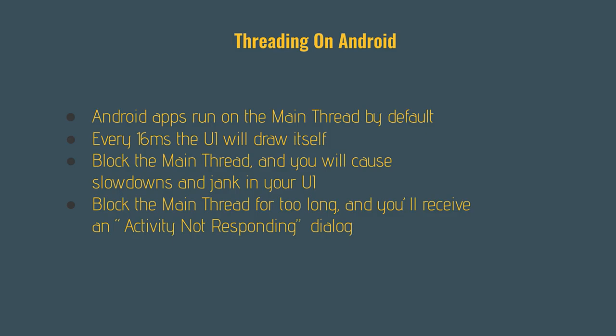You might see the UI completely freeze. And in fact, if you block the main thread for too long, you'll receive an Application Not Responding dialog in your app. These are also what's known as ANR dialogs. And these are bad. These are things you really want to avoid. So it becomes really, really important in the world of Android to avoid blocking the main thread.